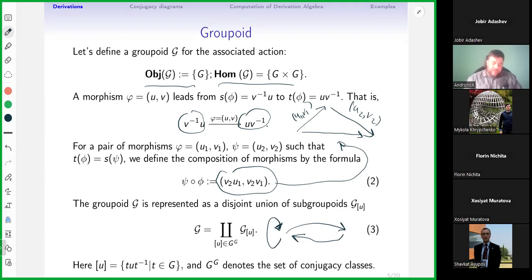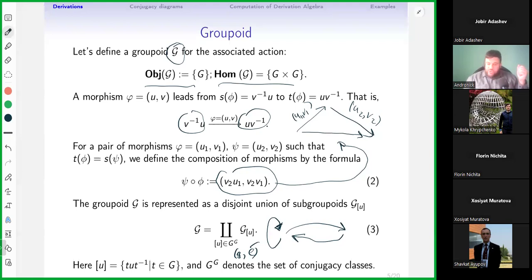For example, the neutral arrow is written like this: the same element and then the neutral element of the group. With the help of these ideas, you can prove that this gamma, defined like this, is a groupoid. All arrows can be inverted, and the composition is associative. So this is a groupoid.